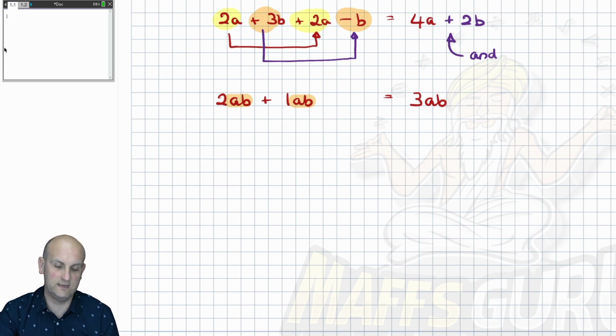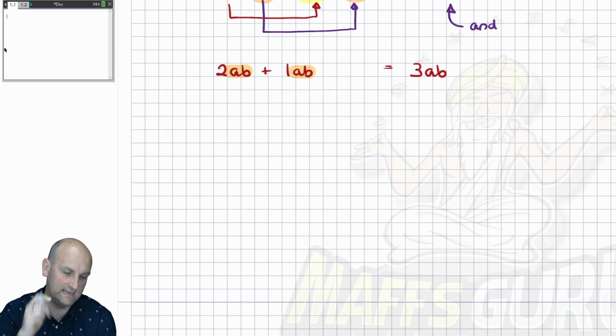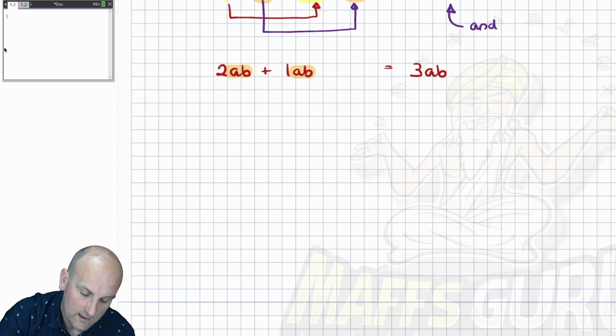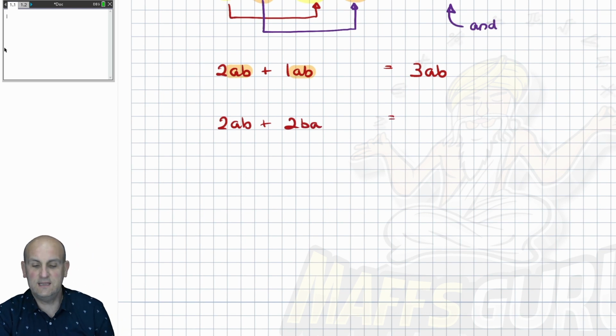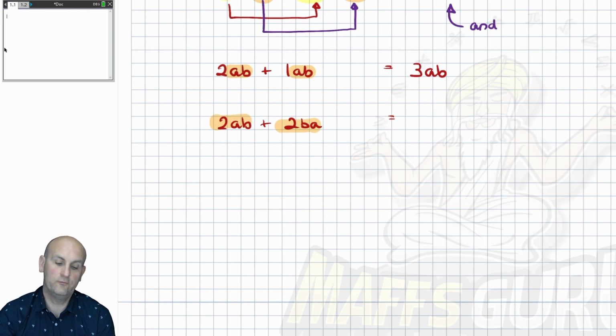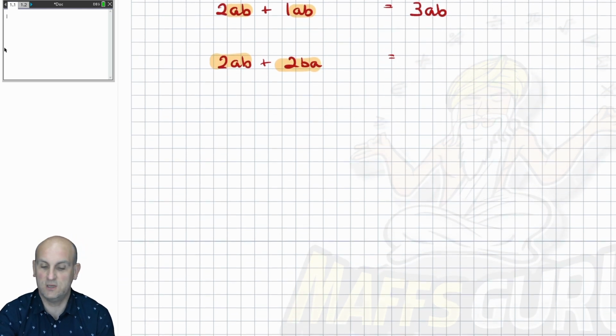Now here's the trick. And I'm going to show you the biggest hint for maths in the planet. 2 apple bananas plus 2 banana apples. The question is, are these like terms? Well, actually, as it turns out, they are. The reason being is maths tries to trick you because it's nothing more than a big fat trick.